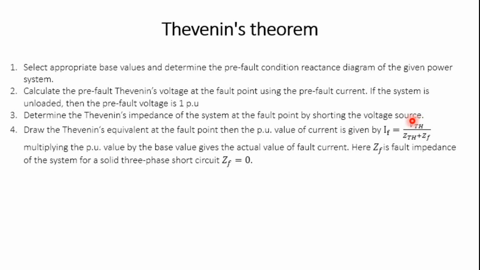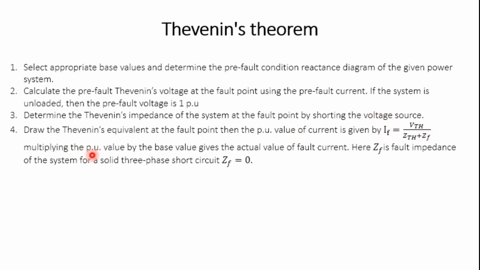Then we draw the Thevenin equivalent at the fault point. The per unit value of the current is given by V Thevenin divided by Z Thevenin plus ZF, so as a result you get the current.